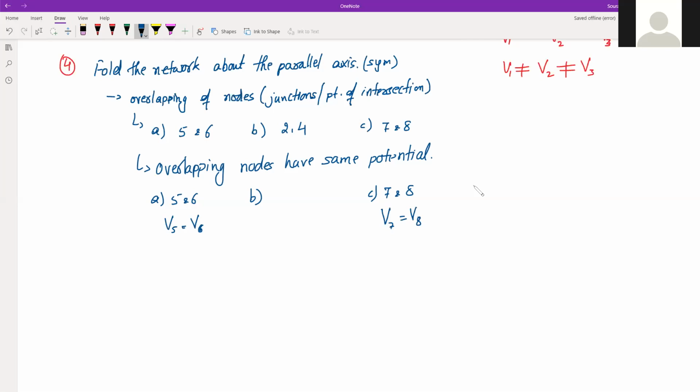And the last, that is 2 and 4. It is not just 2 and 4, there is also a point 0. So 2, 0 and 4. We'll say V at 2 is equal to V at 0 is equal to V at 4. So now these are the sets of equipotential points.